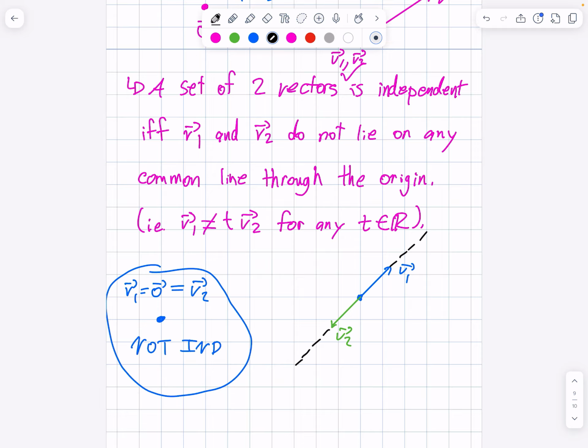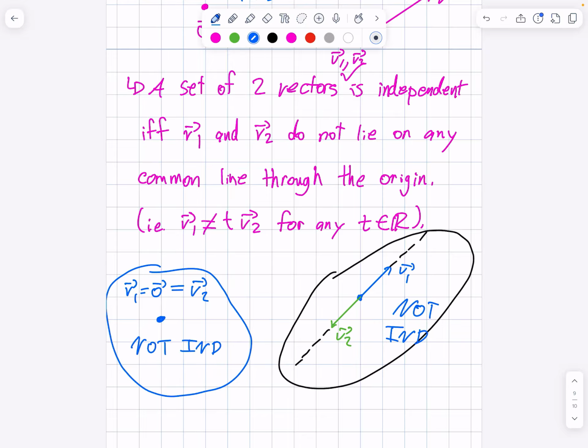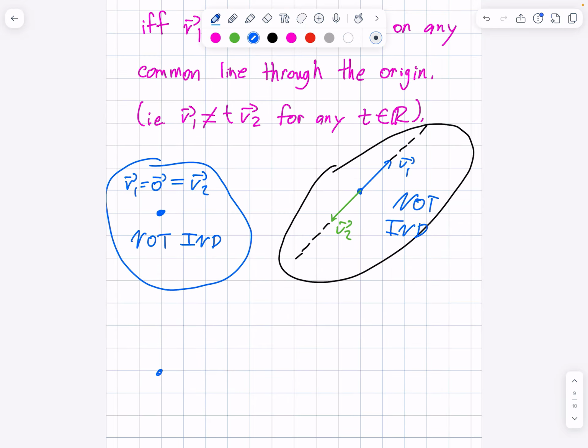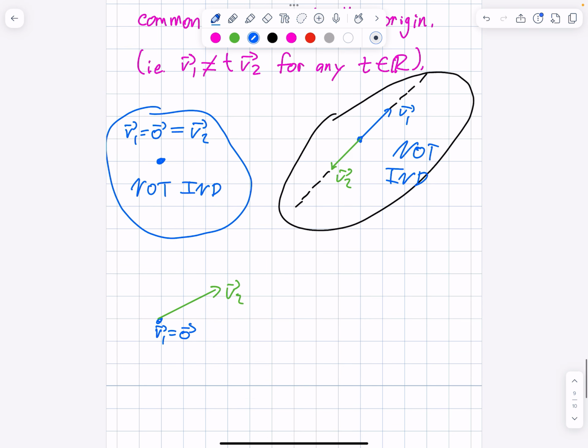Since they both lie on this line, this is again a not independent case. Now maybe one vector v1 equals 0, but the other vector v2 is non-zero. Again, this is not independent.